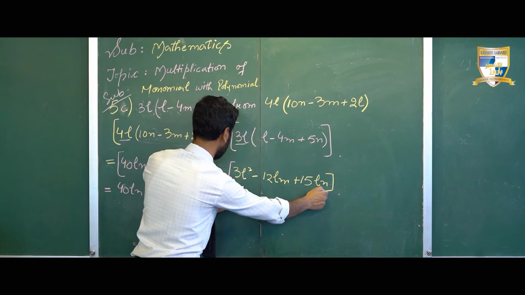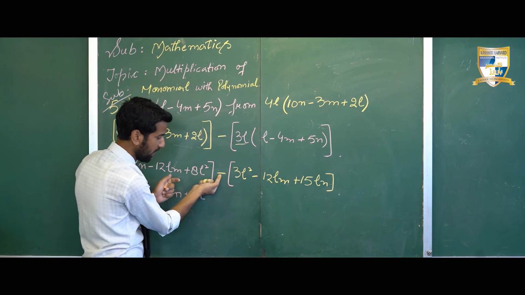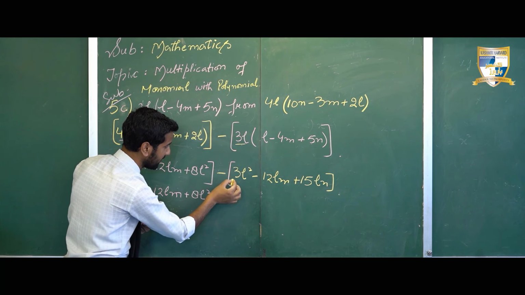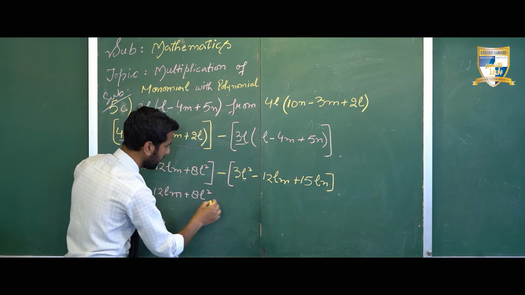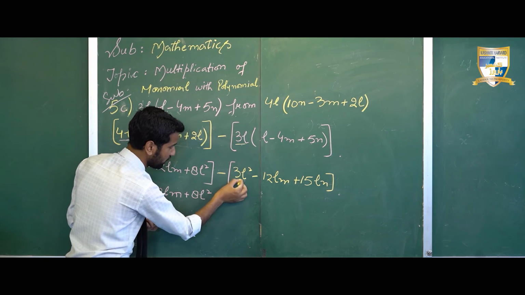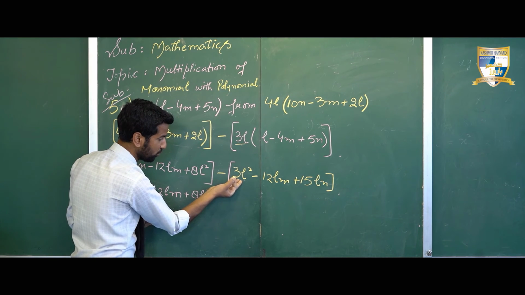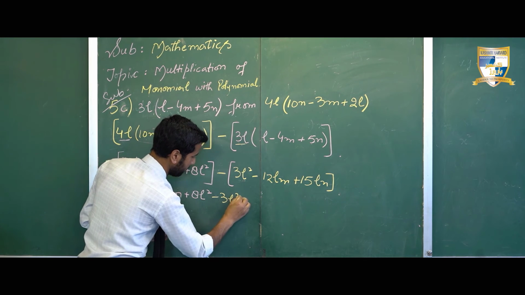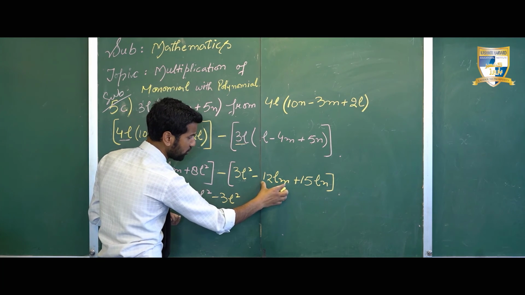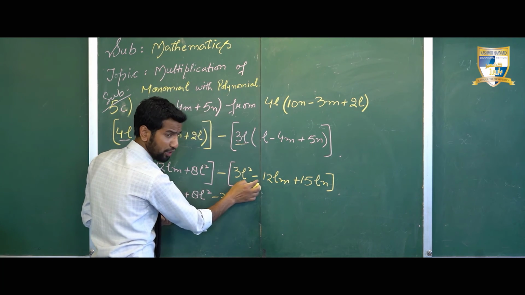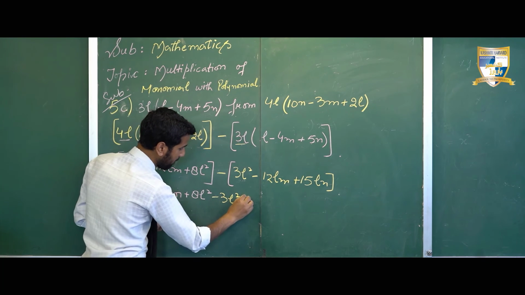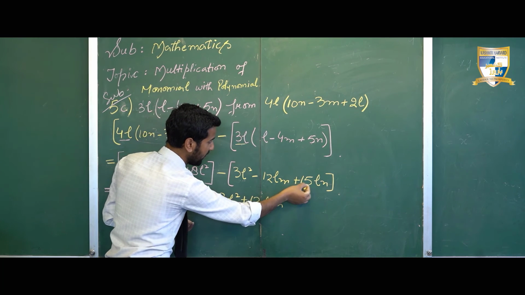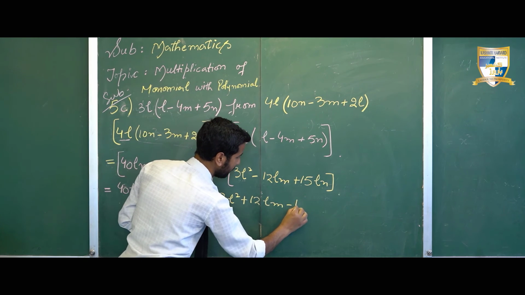This 3l square is a positive 3l square; after removing the brackets, it will become minus 3l square. This minus 12lm is a negative term; now it will become plus 12lm. This 15ln becomes minus 15ln.